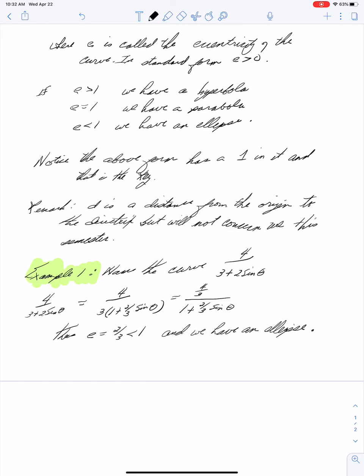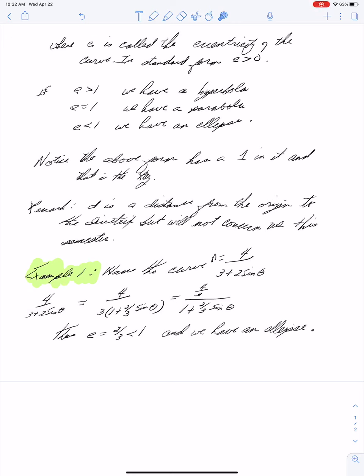So let's name the curve r equals 4 over 3 plus 2 sine theta.